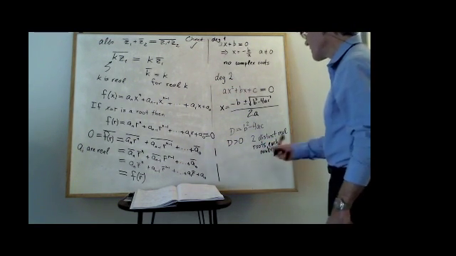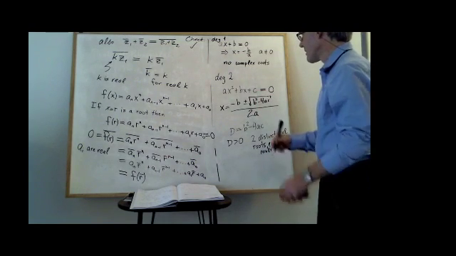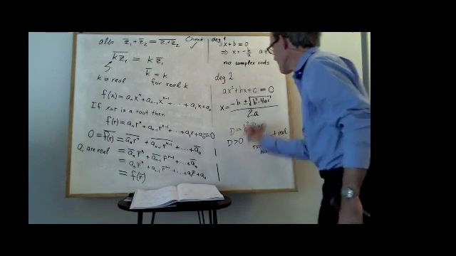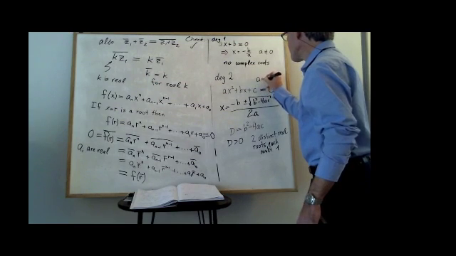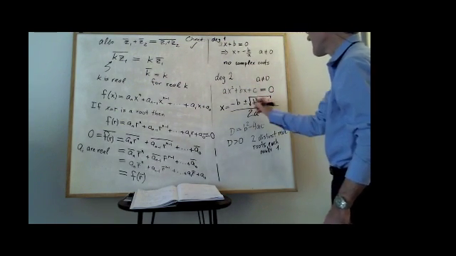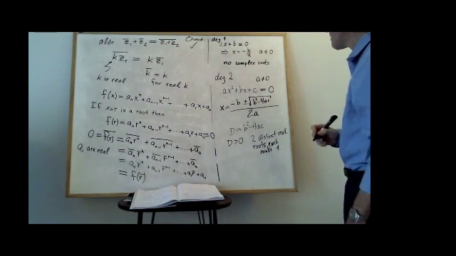Here a has to be non-zero, which is also required for the denominator not to be 0.